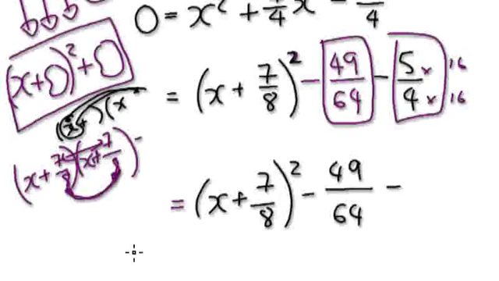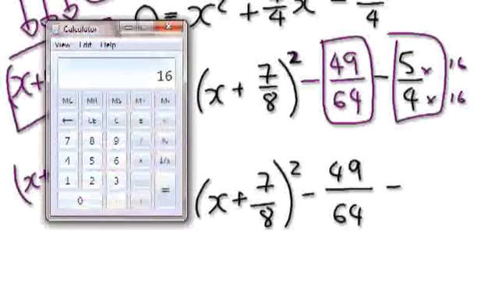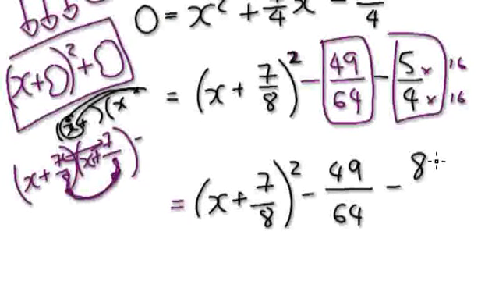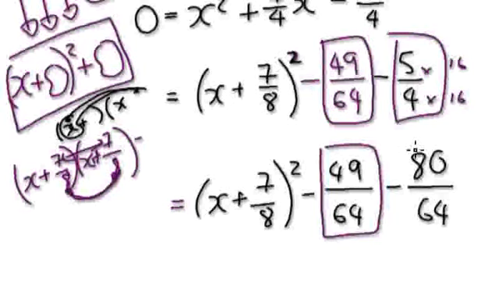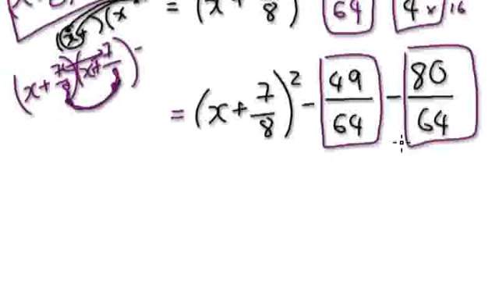Take away 5 times 16. Clear, 16 times 5 equals 80. So this will become 80 over 4 times 16 will be 64. Okay, so now we can just merge these two fractions together. The two denominators are now the same. So let's merge them.